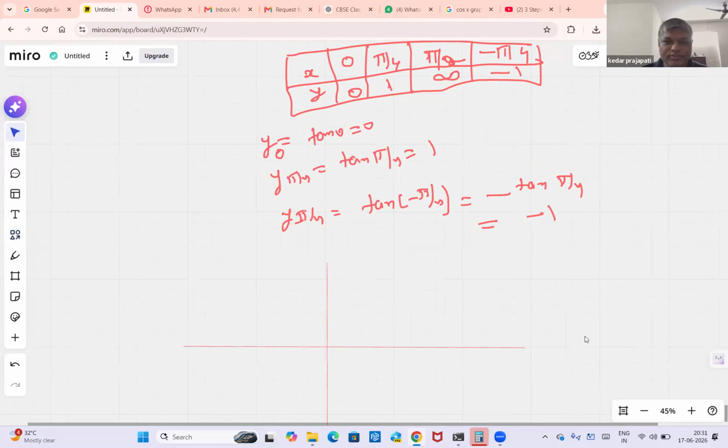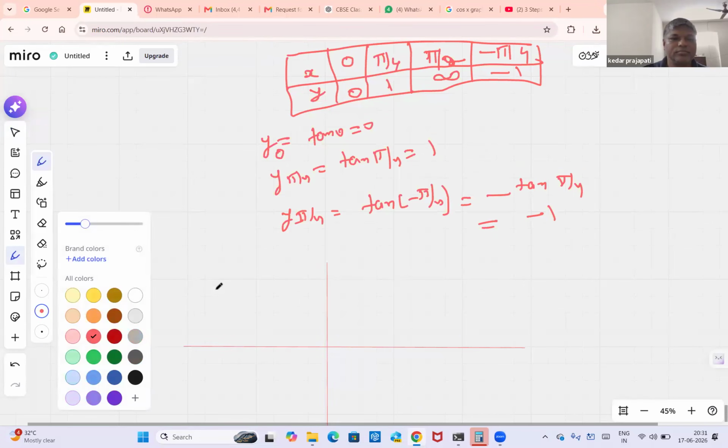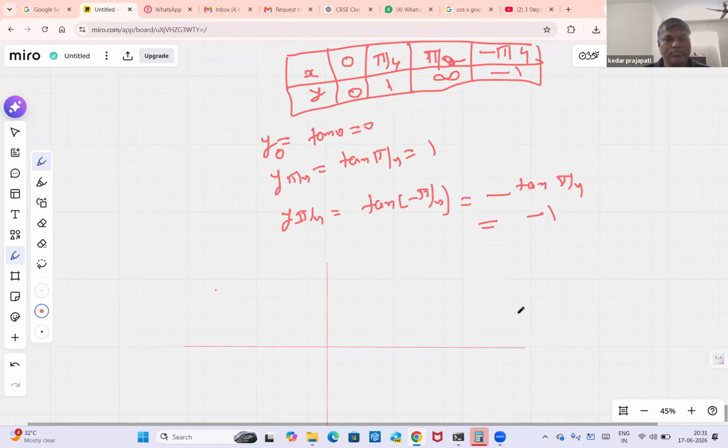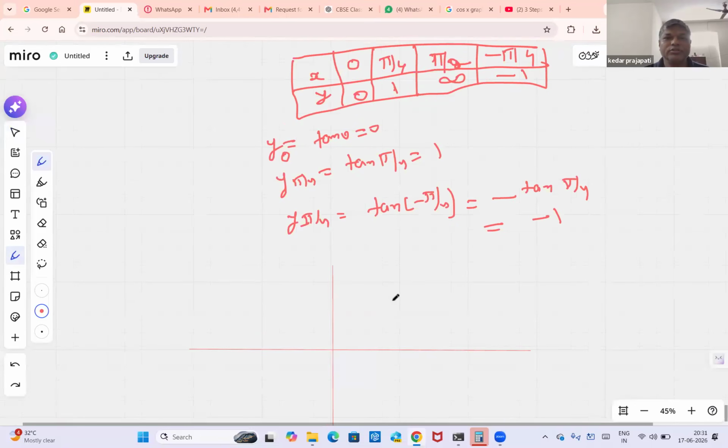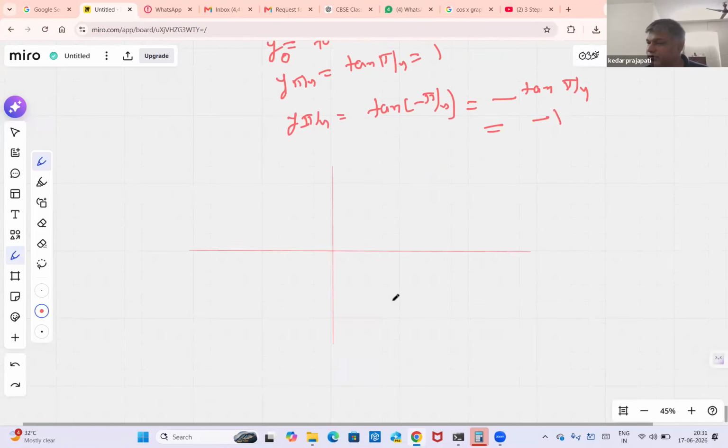So this is the x-axis. 0, 0, pi by 4, 1.